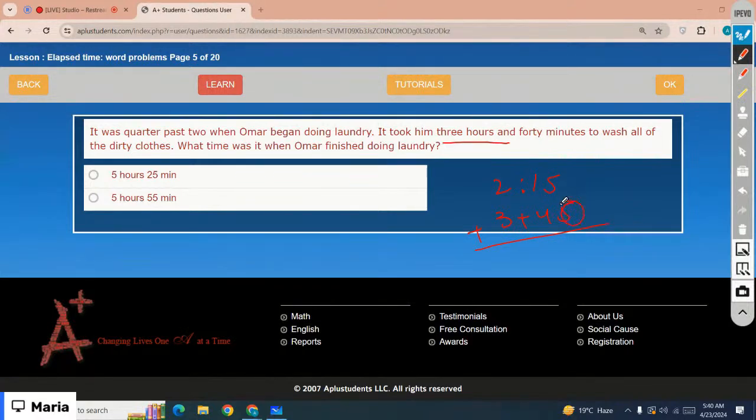So when you add the time, that is 5:55, right? Quarter past 2 means 2:15. That is the start time. And that is the duration, 3 hours and 40 minutes, right? So the correct option is option number 2, that is 5:55.